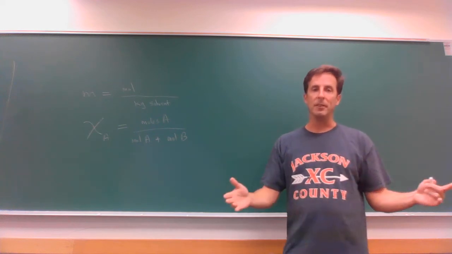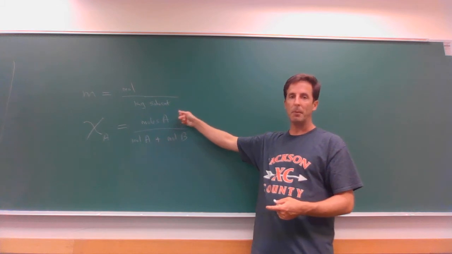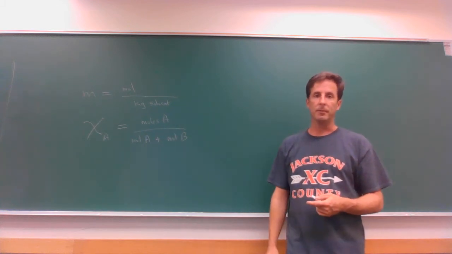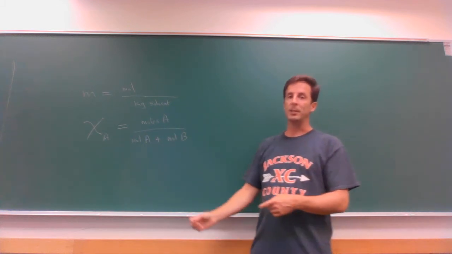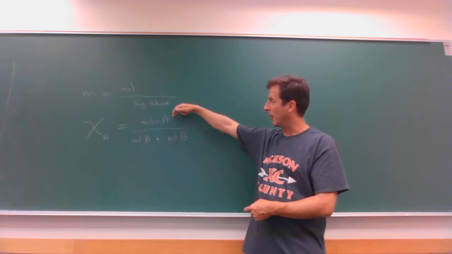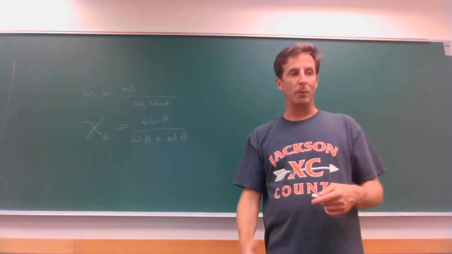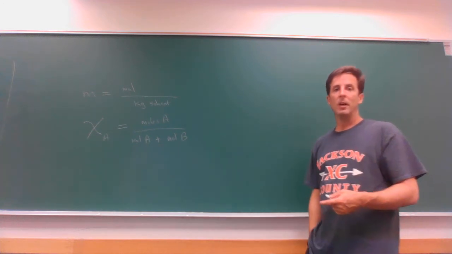It's just the sum of all the moles in the solution, and then the one component on top is the one that we're interested in. You could write the mole fraction for compound B exactly the same way, with the moles of B on top instead of the moles of A. Again, we'll work problems with that as we go along.